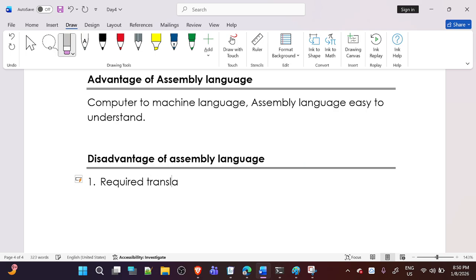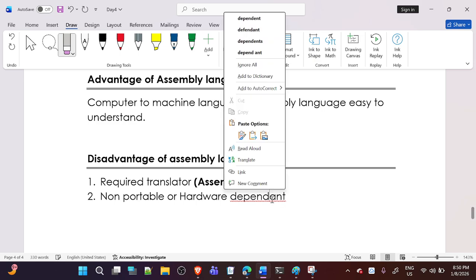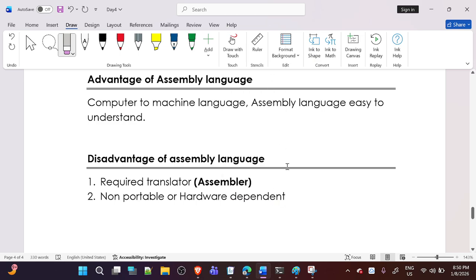And what's the name of that translator? Assembler. Right? And the second disadvantage is non-portable, meaning hardware dependent.